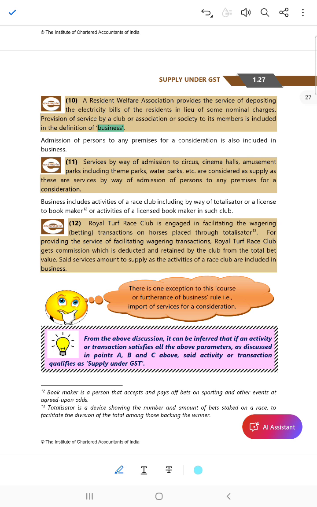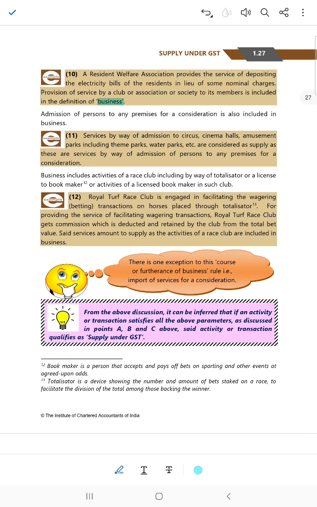The Royal Turf Race Club gets a commission, which is deducted and retained by the club from the total bets value. So, for example, 10 people are betting, and everyone is betting 5, 10, 100 rupees, for example. Okay? 100 is very less, but it could be any money. So, some part of it goes as a commission to the club. So, that club, it's again a business.